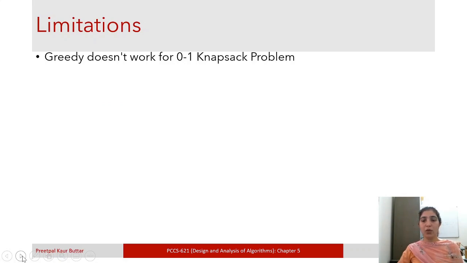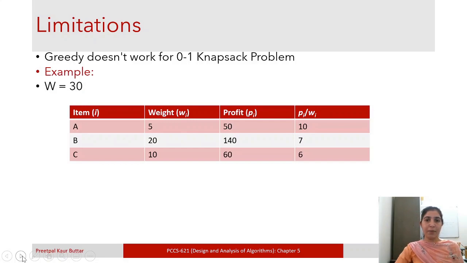As I already told you, this does not work for the 0-1 knapsack problem. So let us take an example to appreciate this. Here the capacity of the knapsack is 30, and these are the items with their weights, profits, and pi by wi ratio, already sorted according to the pi by wi ratio.